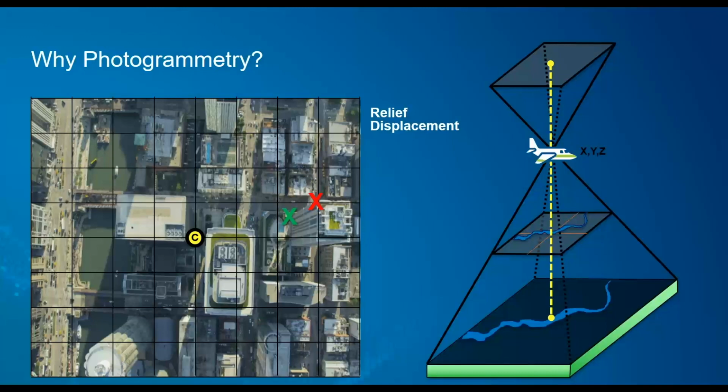So if you were to use this photo as a map, the top of the building would be at a different XY location than the bottom of the building. And when I tell you that hills and mountains do the exact same thing, you immediately realize the problem that brings. That's called layover or relief displacement. So to really use imagery as a base map, you have to correct for that.